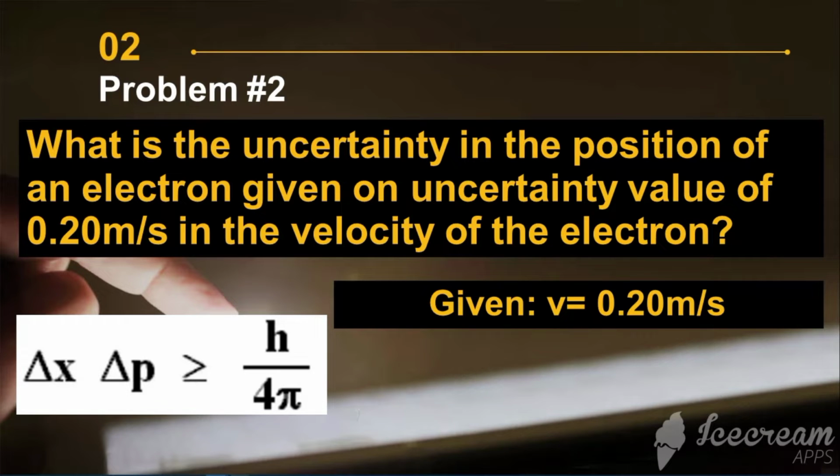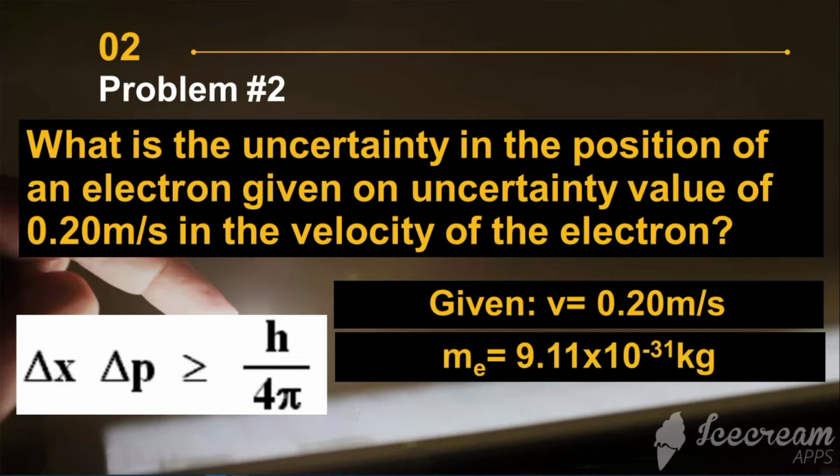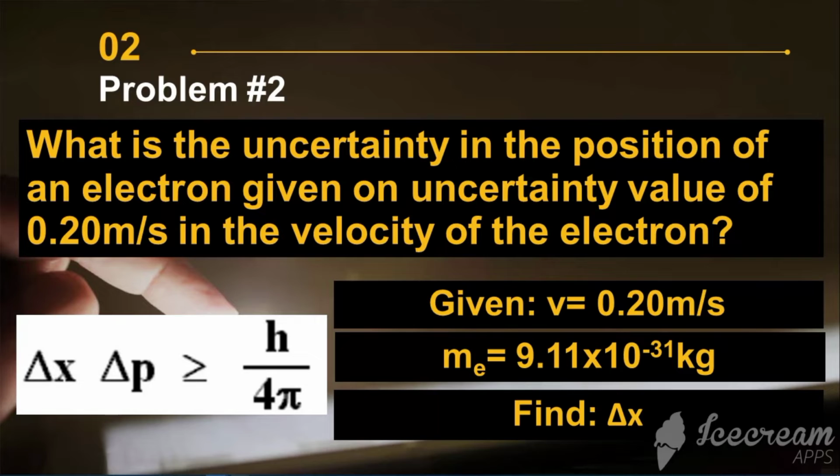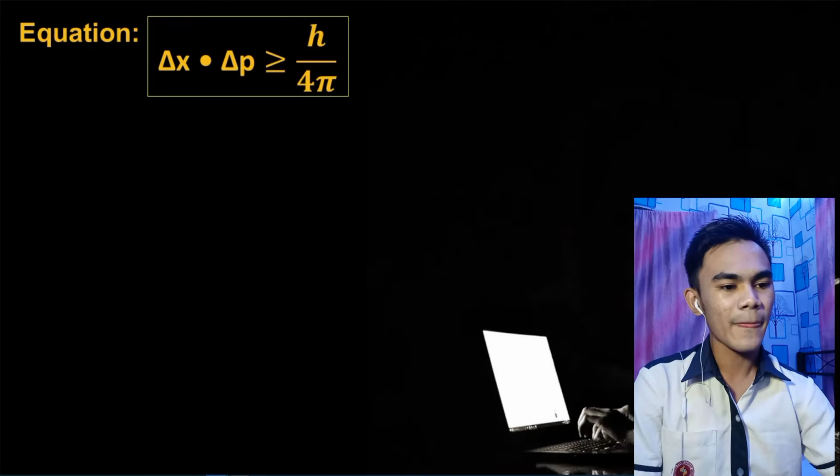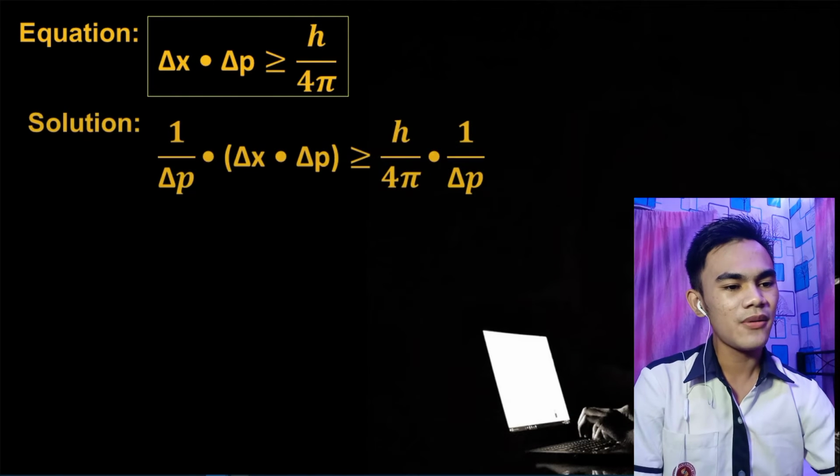We have here the given velocity of 0.20 meter per second, and as we all know the mass of the electron is equal to 9.11 times 10 raised to the power of negative 31 kilogram. Our task is to find delta x, or the change of position. So we have here now our equation.